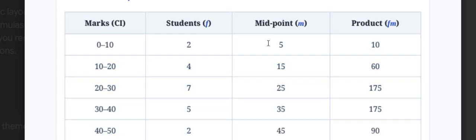Clear? After that, make the product of f into m. So 2 into 5 is equal to 10, 4 into 15 is equal to 60, 7 into 25 is 175. Similarly multiply the values, you will get it. Sigma fm is equal to 510.